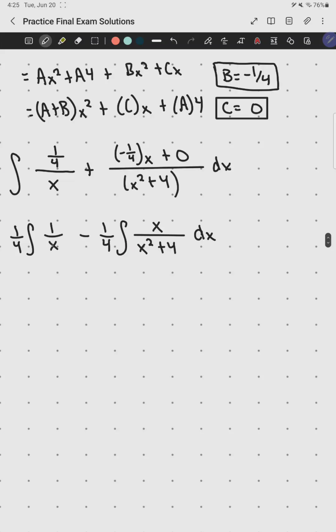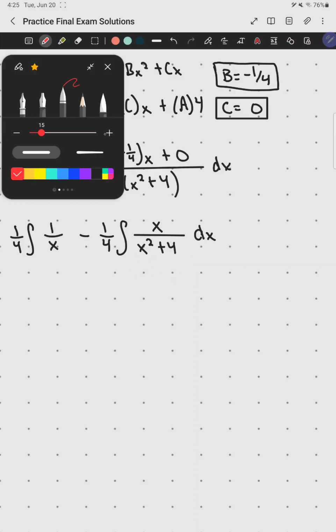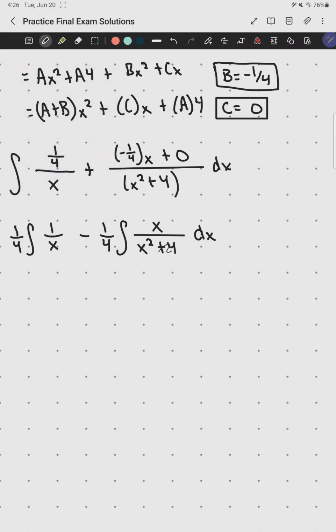Okay, so we see that's a natural log. This is a natural log. To get to this natural log, though, we have to do a quick u sub. So let's get this one out of the way. So we have 1/4 ln x. That's our first part. And then from here, we have our minus 1/4.